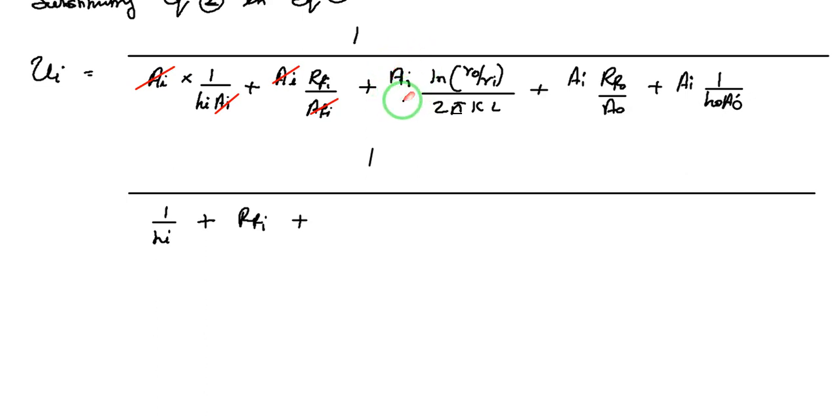So how the equation looks, it looks something like this. So di ln will be r naught by ri. Pi gets cancelled, so we'll get k and l.